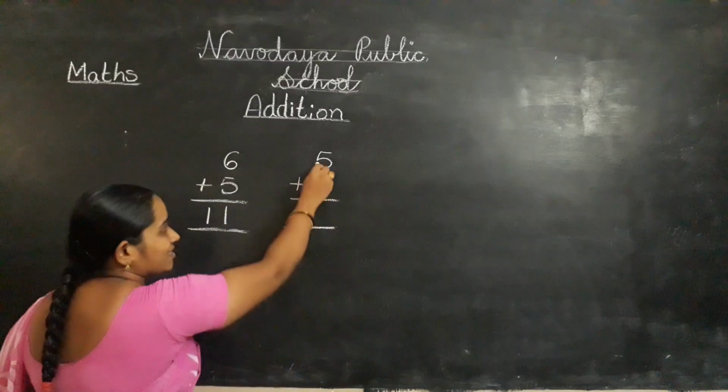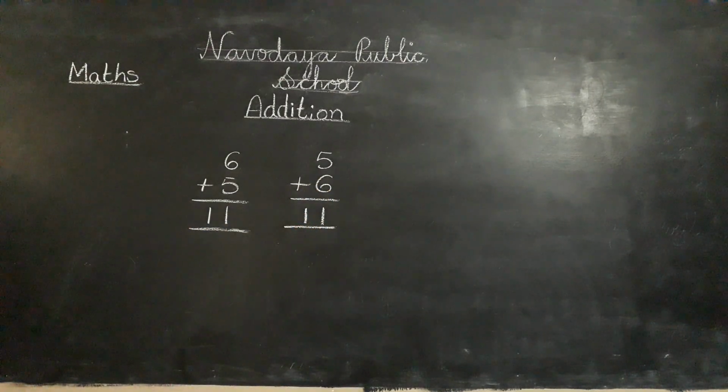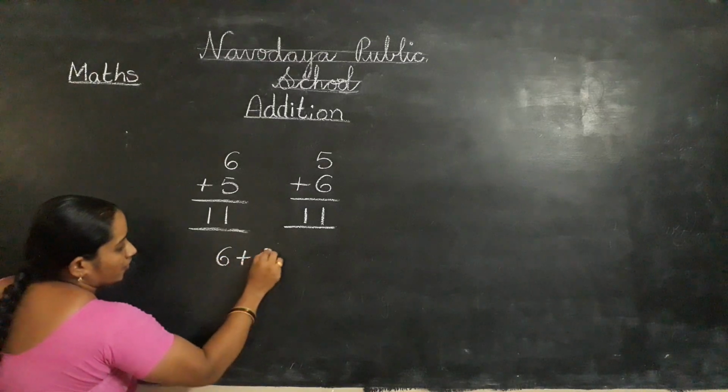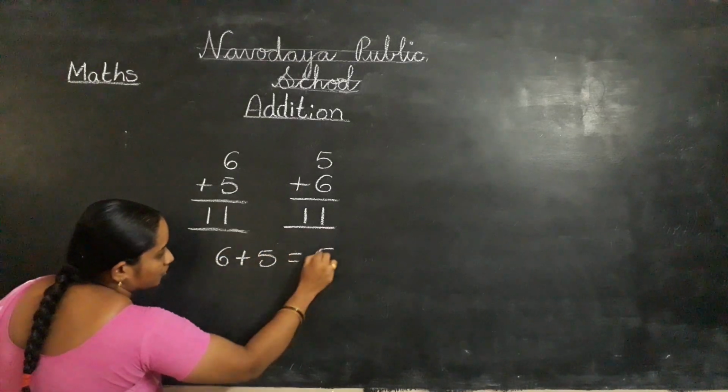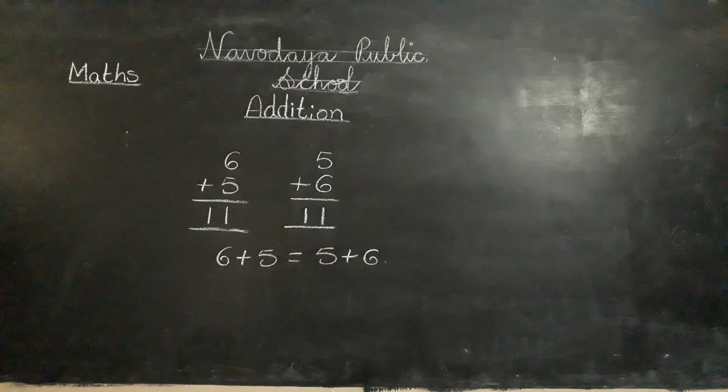So 5 plus 6 is also 11. Here we get the sum 11. Hence 6 plus 5 is equal to 5 plus 6. The changing order of addends does not change the sum.